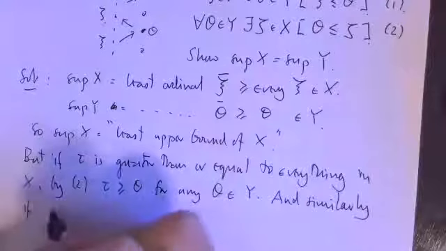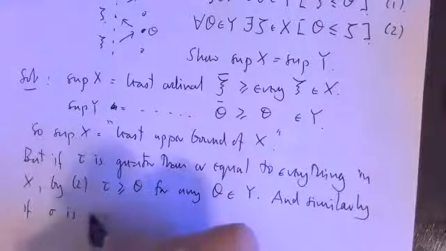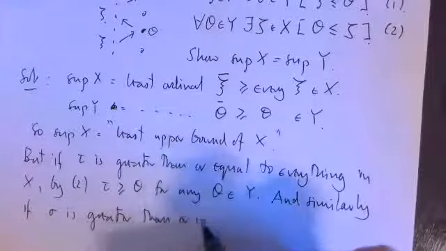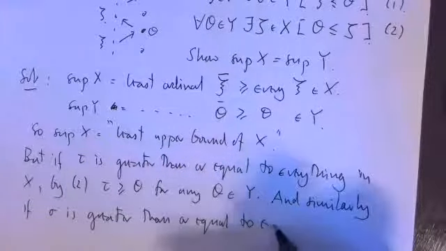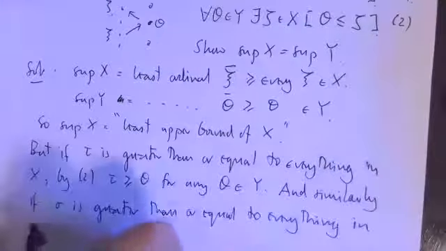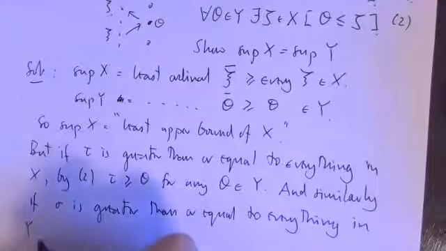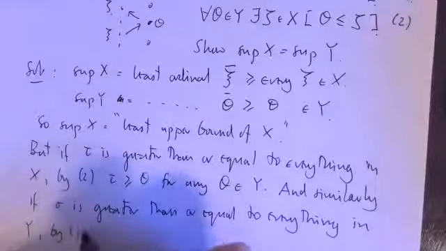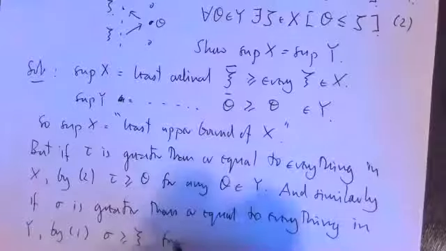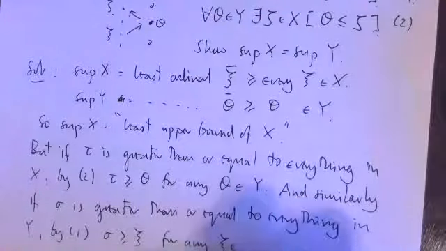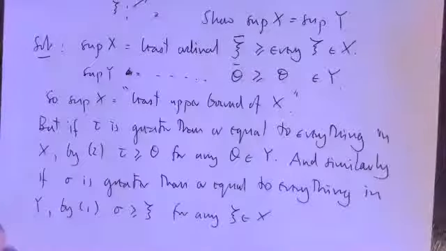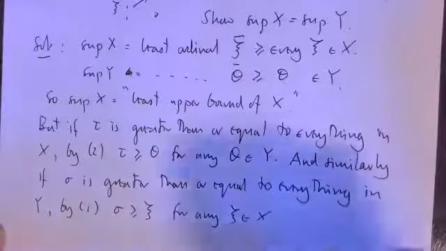And similarly, if sigma is greater than or equal to everything in Y, so all this is saying is any upper bound for X is an upper bound for Y, and vice versa. Sigma is greater than or equal to psi for any psi in X. So the upper bounds for X and Y are the same, so the least upper bound is the same.